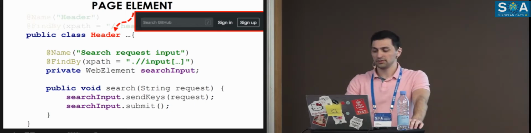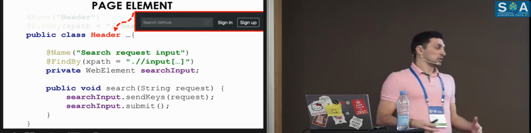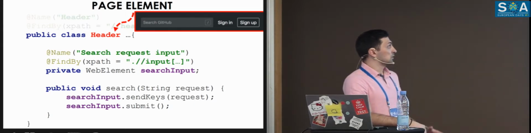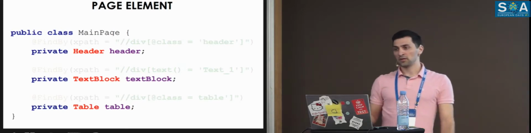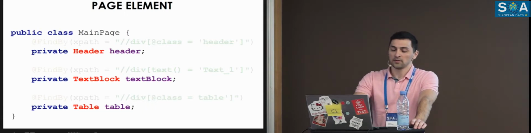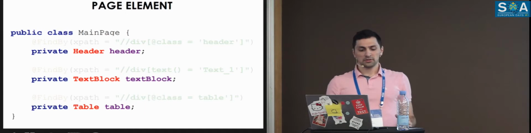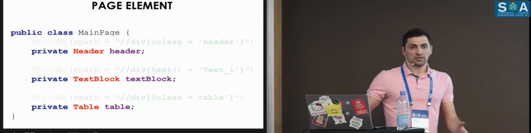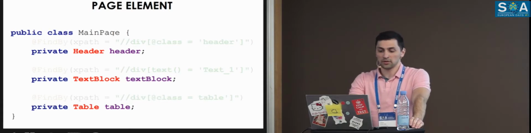I think it is easy for you. And we can describe different layers, different blocks, for example, header, text block, table, and add logical methods to this block. For example, in a table, I can add a method to interact with the last row of this table, and then call it.